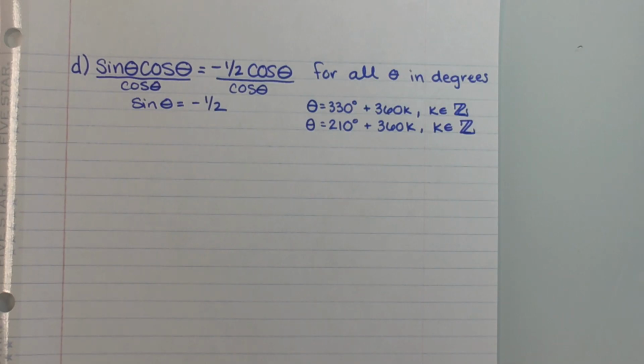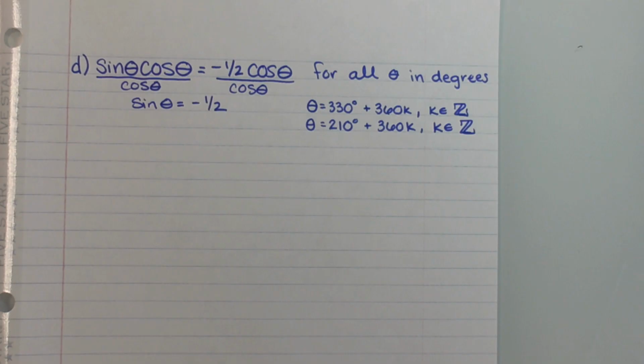This is an option, though. It really is. You just have to keep something in mind: when you divide by cosine, cosine is not allowed to be equal to what? 0, because you cannot divide by cosine if cosine is 0.